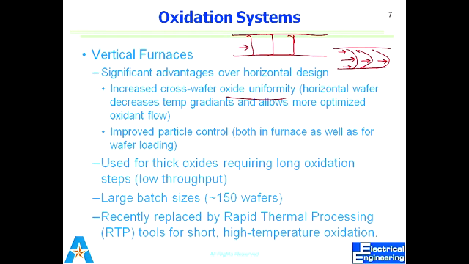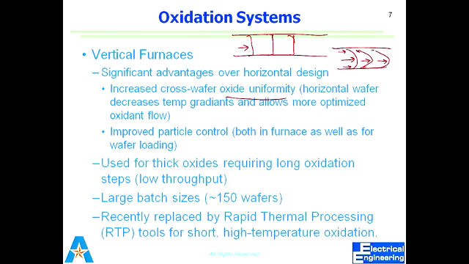Secondly, improved particle control. In the case of a vertical furnace, we have a more automated system, because it automatically picks the wafer and places the wafer back. So we are not taking it out until it's oxidized to a specific thickness.